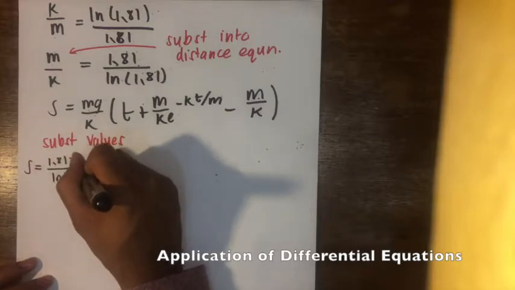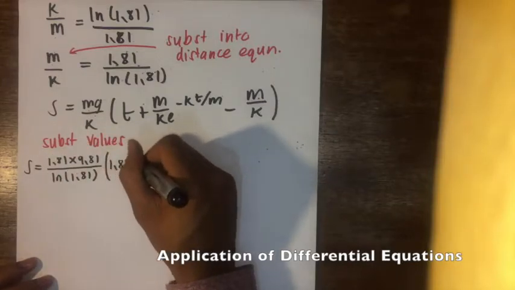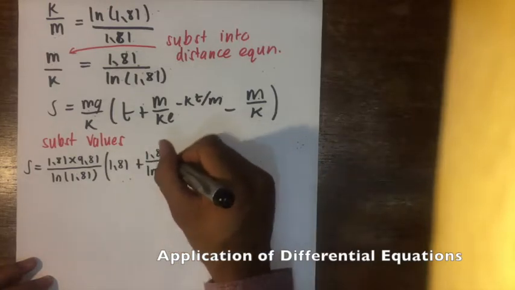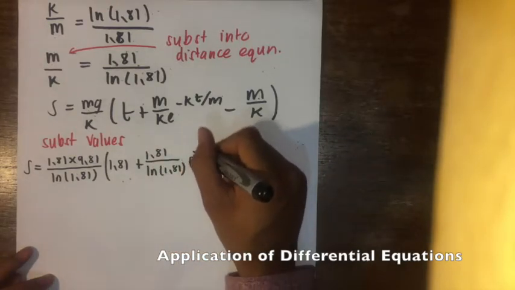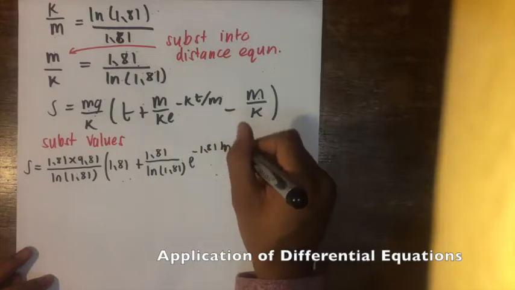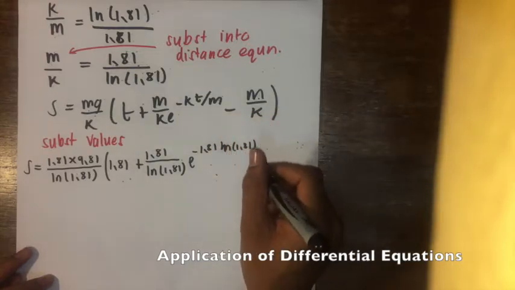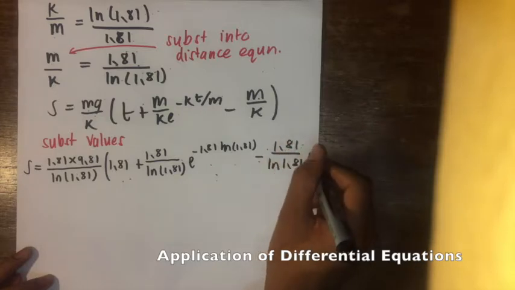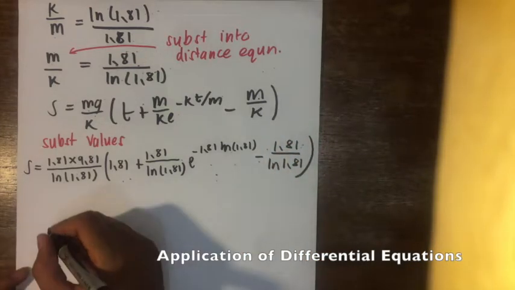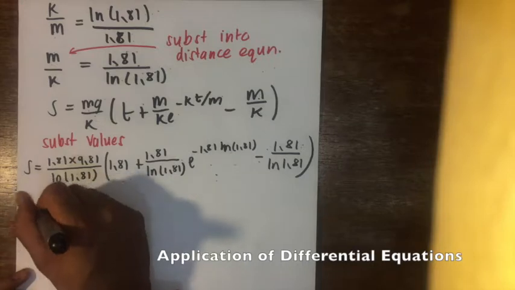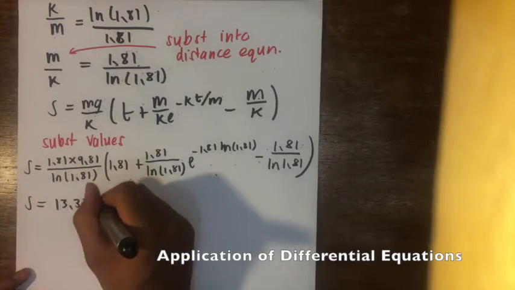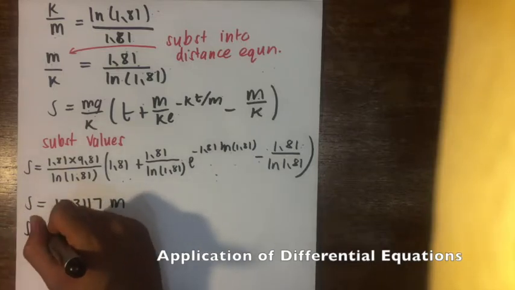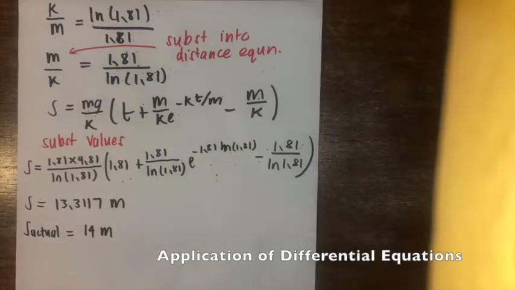If we substitute all our values in, we'll get an answer for s to be 13.3117 meters. Now our original measurement was 40 meters, but the difference between the two could be because of human error, maybe not having an accurate enough measuring tool to measure the height of the building, or the time taken when using a stopwatch wasn't 100% accurate.